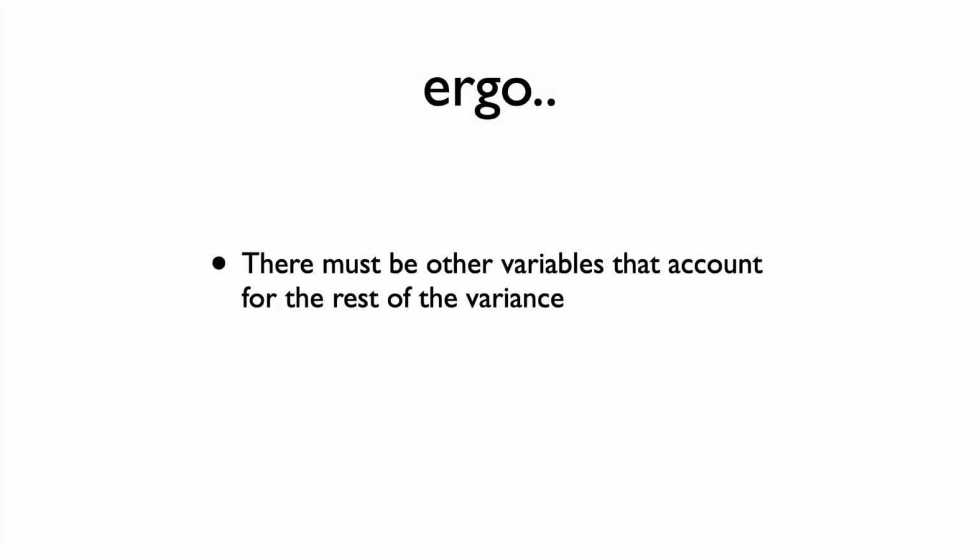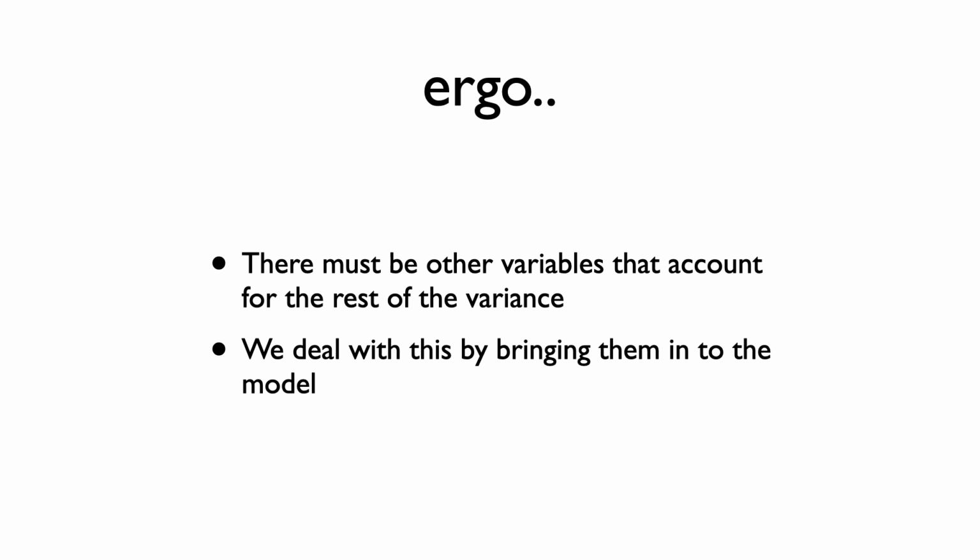So there must be other variables out there that overlap with whatever our predicted y is and correlate with it. So how do we deal with this? We deal with this by bringing those new variables into our regression model.